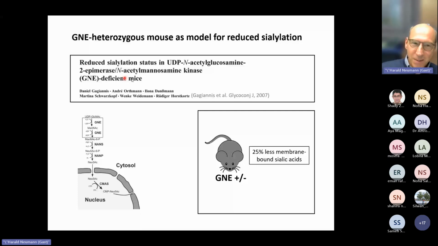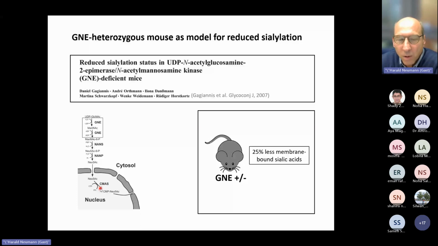I always call it GNE because it's too complicated a name, but this enzyme is important and essential for the sialic acid production, which then goes to the nucleus. There is another knockout meanwhile available, the CMAS enzyme, which can also be used to study this.